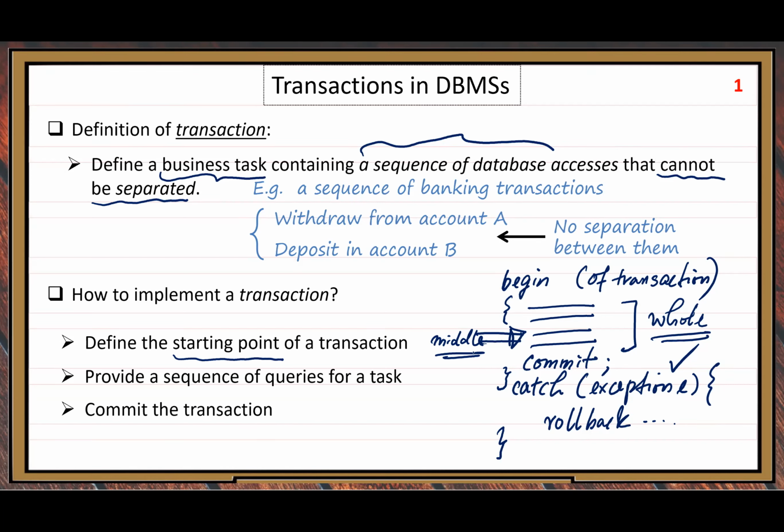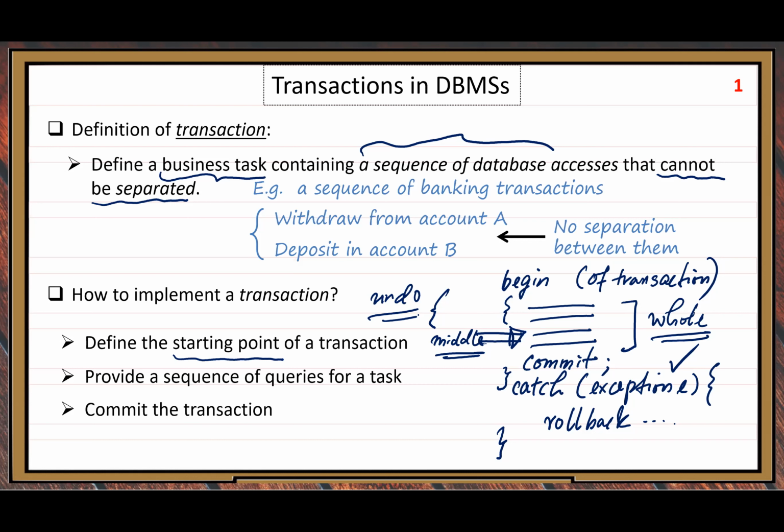Not completed yet, but something is wrong. Rollback is undo. Don't continue, because you cannot complete it anyway. The remaining part of the transaction cannot be completed.